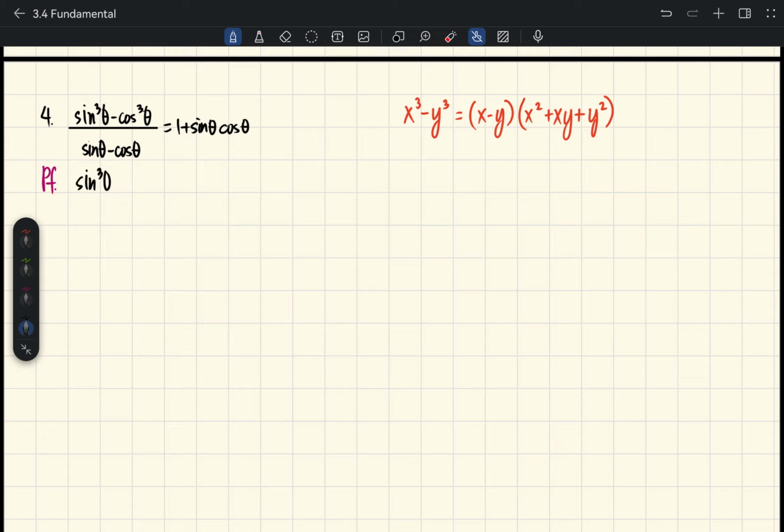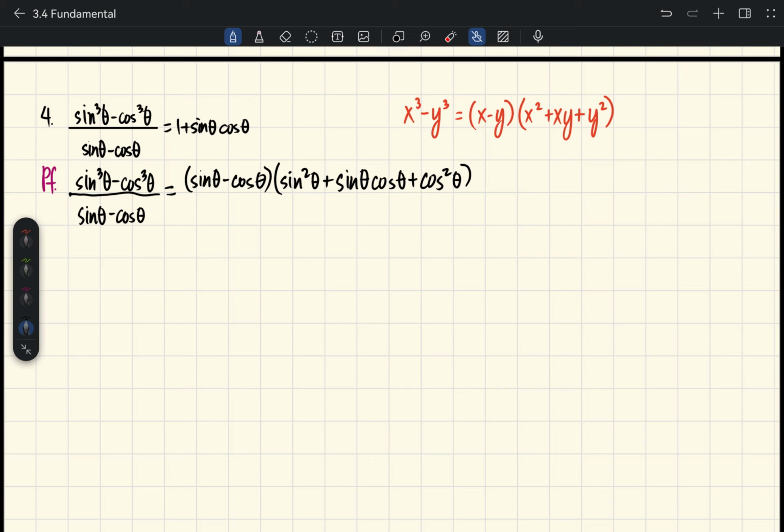So we have that sine cubed theta minus cosine cubed theta all over sine theta minus cosine theta. By our remark here, we can rewrite the numerator as sine theta minus cosine theta times, so x squared, that's sine squared theta, then plus xy, that's sine theta times cosine theta, and finally plus y squared, that's cosine squared theta.